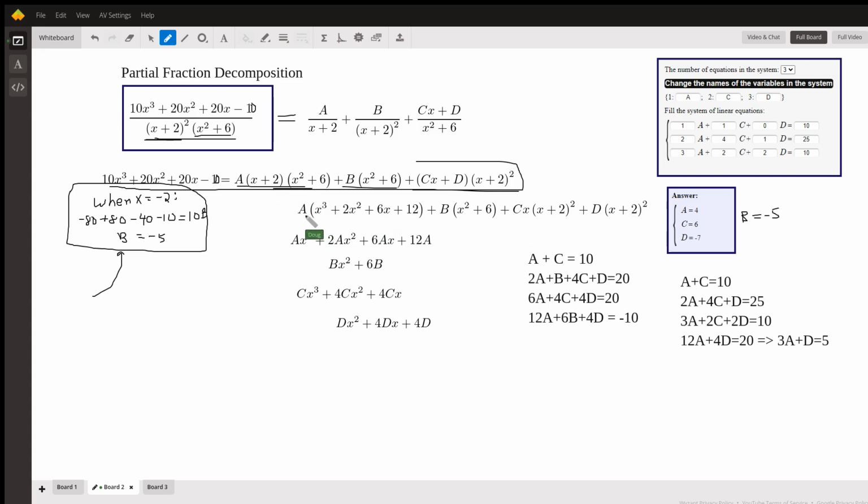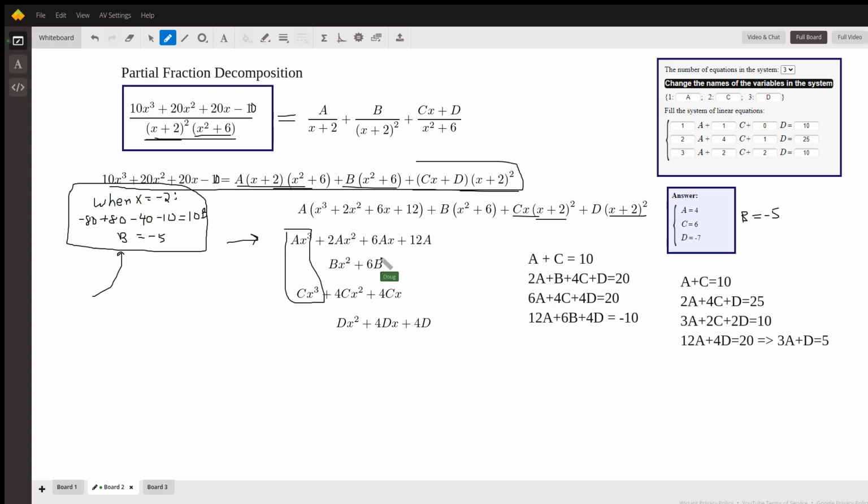So going straightforward to equate coefficients, here's kind of what you do. Multiply these two binomials, distribute the A. That's one set of terms. Distribute the B. X plus 2, the quantity squared, times the Cx and times the D. Square this binomial, distribute the Cx and the D. And now A plus C is the coefficient of x cubed.